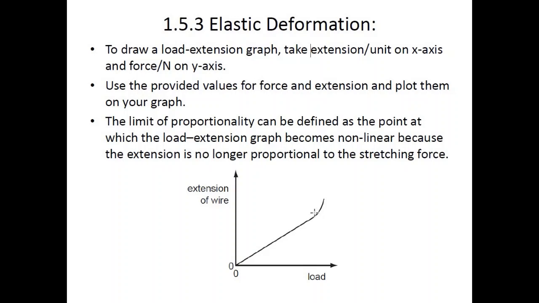This point is the limit of proportionality, because beyond it the object would be deformed permanently, or would not be able to go back to its original position, as the extension is no longer proportional to the stretching force or the load.